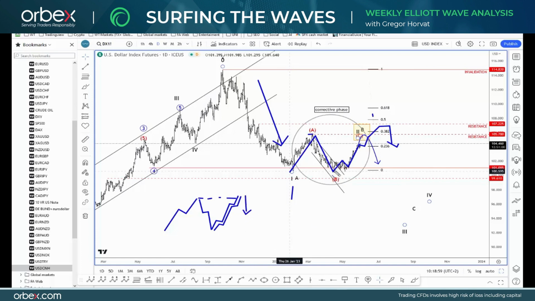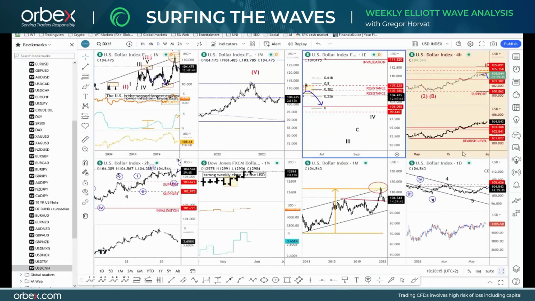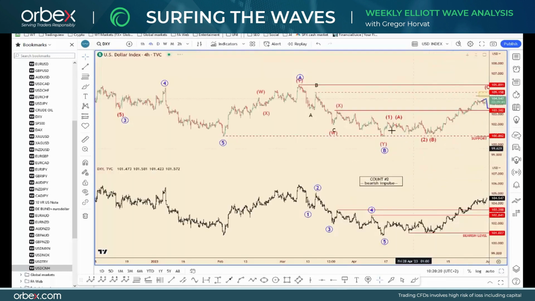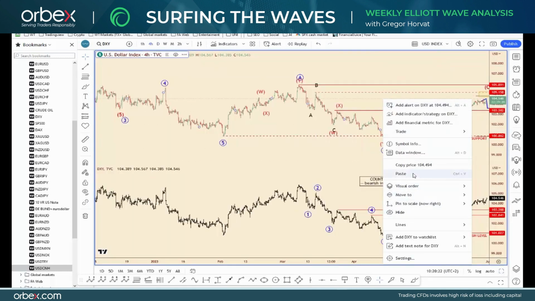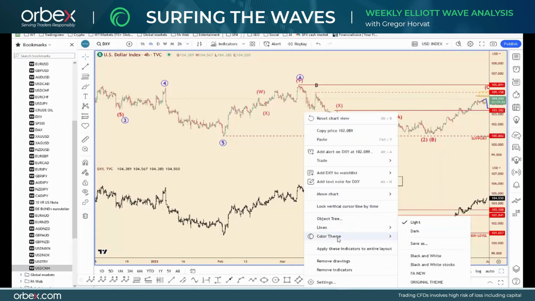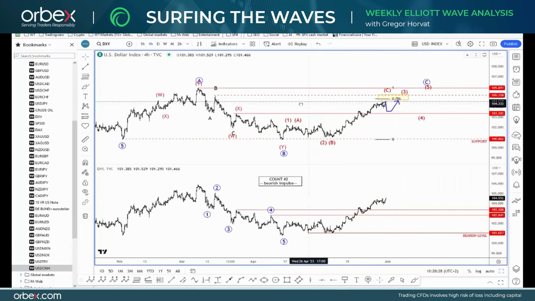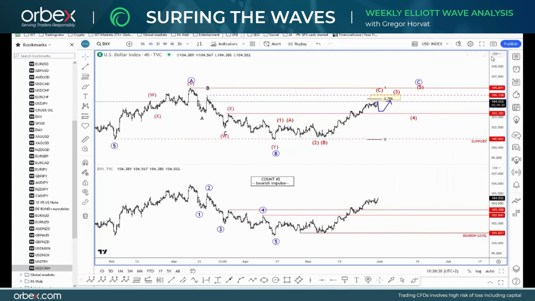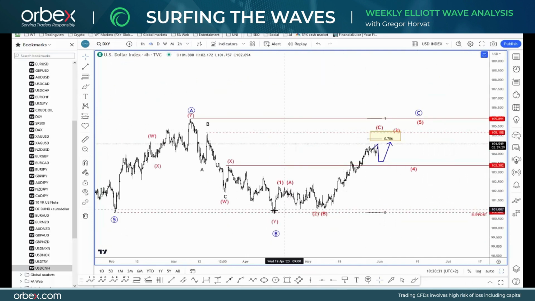So now we will take a look at the 4-hour time frame for this substructure. You can clearly see here that so far, let me just switch the colors here, we have only three waves to the upside. That's wave 1, wave 2, nice extended leg, so I think it's a wave 3, not wave C. So more upside should be seen after a pullback.